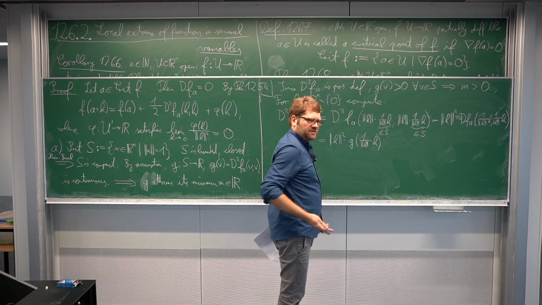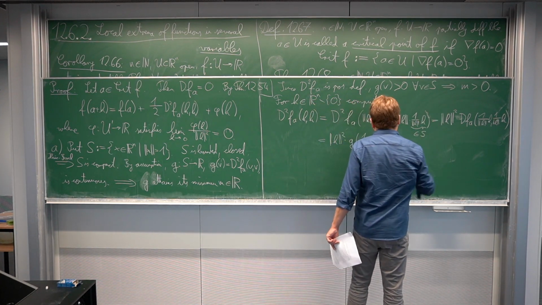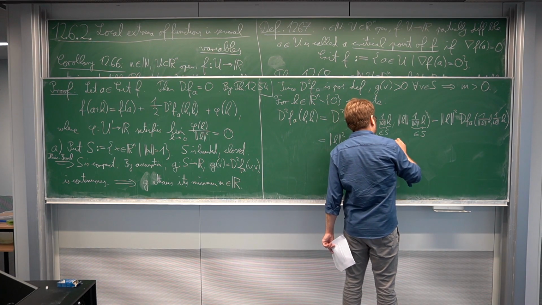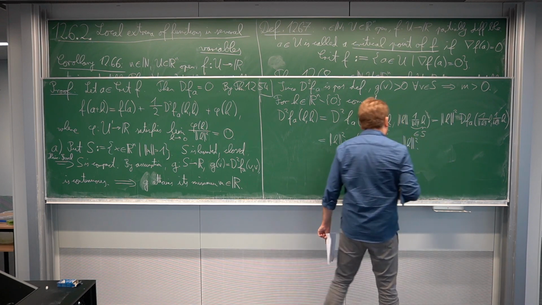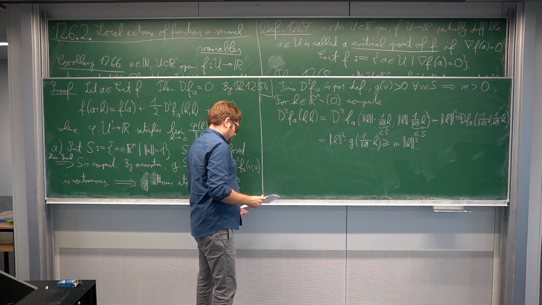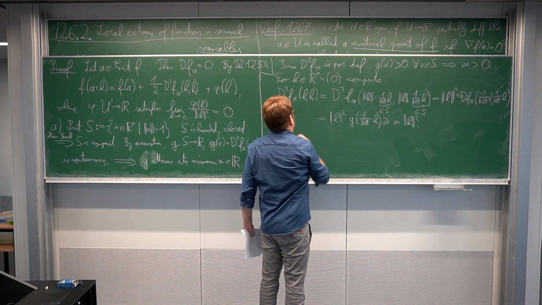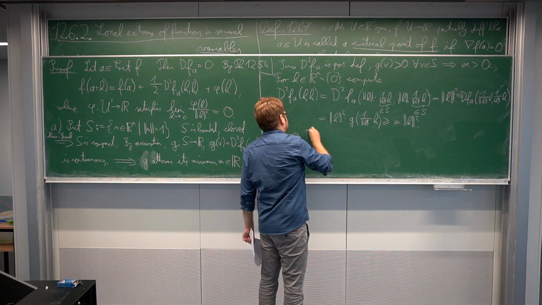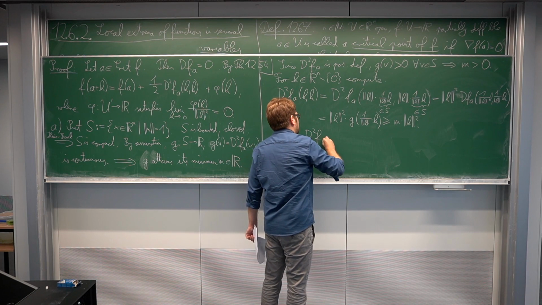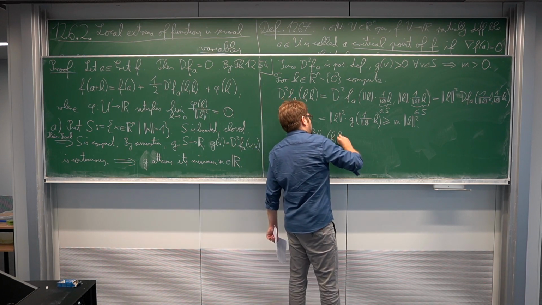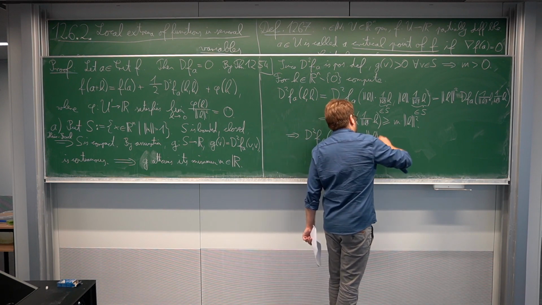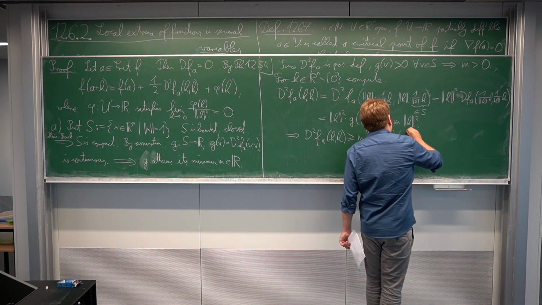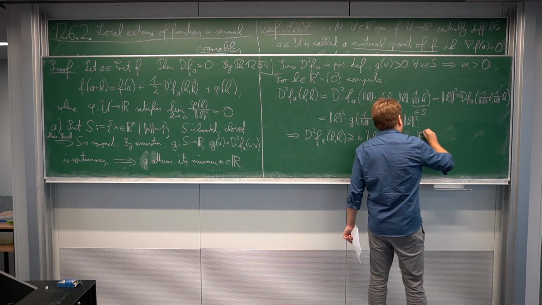Okay, and we know that M is the minimum of G, so this is bigger than or equal to M times the norm of H squared. This was true for all non-zero vectors, but this easily implies that, so let's summarize this, D2FA of H, H is bigger than or equal to M times the norm of H squared for all H in Rn.